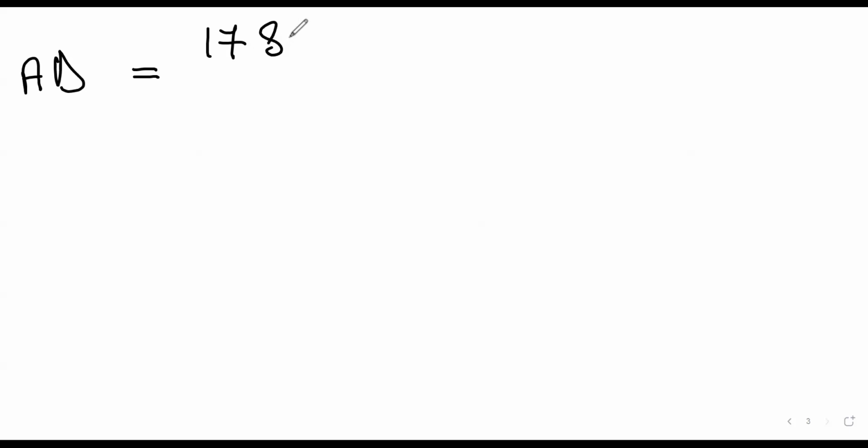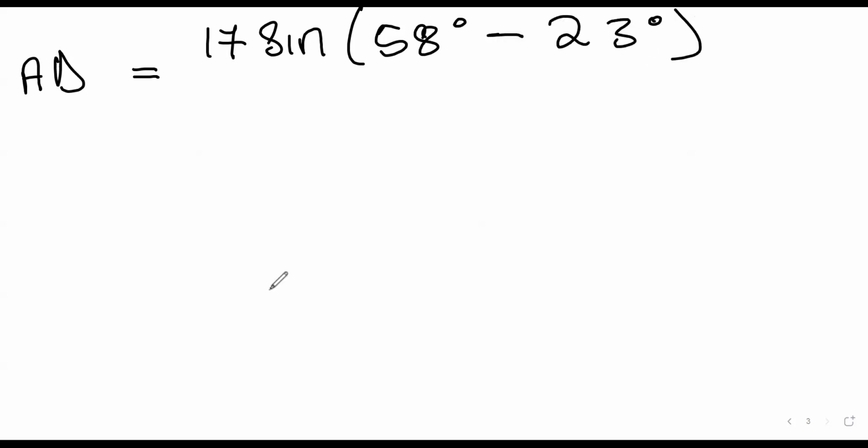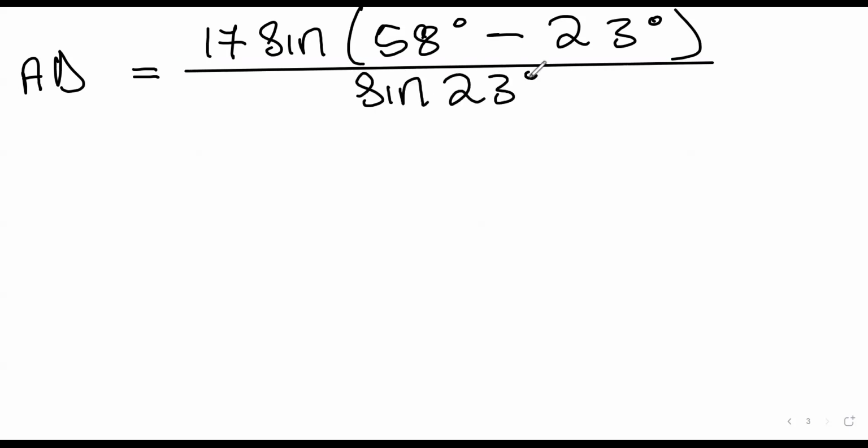So h is 17 units. Theta is 58 degrees. And this one is 23 degrees. And the whole thing is divided by the cosine of alpha, which is 23 degrees. Yes, this is what we say. And now we just need to hand everything over to the calculator.